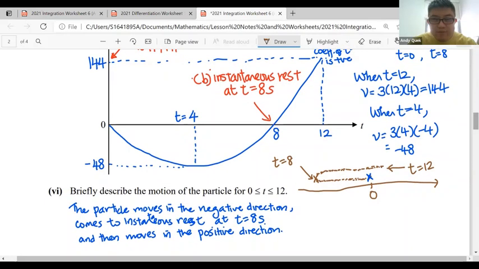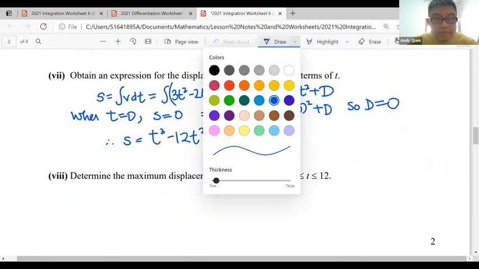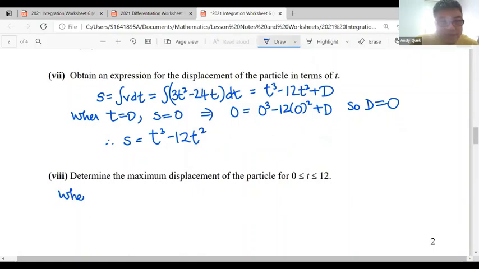We will have to figure it out. So when t equals 8, the particle is momentarily at rest. It has reached the furthest it could go to the left of the origin. What is that furthest it could go? We are expecting a negative answer, by the way. So this is what we are expecting.